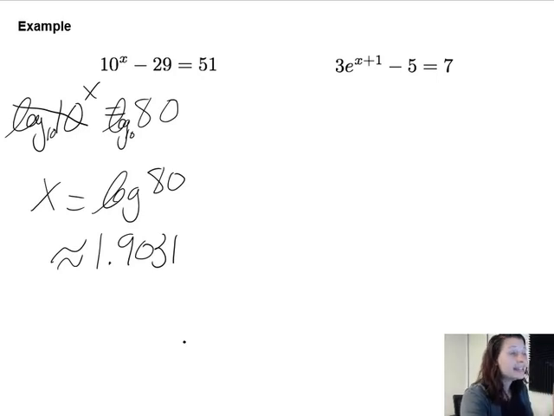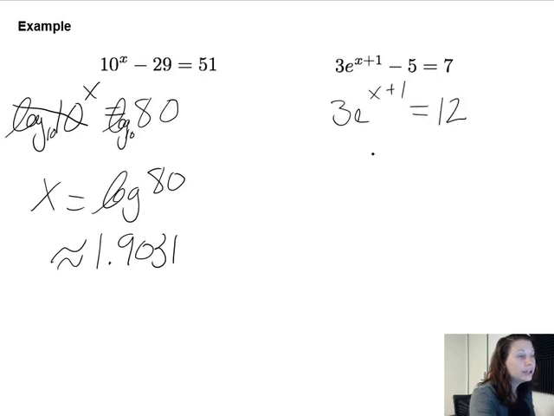Now let's do this next one. Again, get the x term on its own first. So add the 5, so we have 3e to the x plus 1 equals 12. Then divide by 3, get it completely on its own. So e to the x plus 1 is equal to 4. Now, if we want to counteract base e, we must use the natural log.